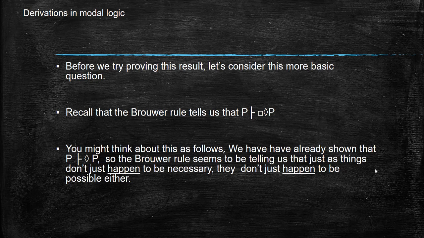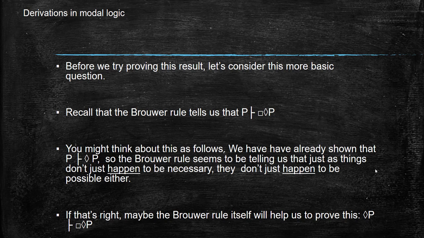We've already shown that P implies possible P, so the Brouwer rule seems to be telling us that just as things don't just happen to be necessary, they don't just happen to be possible either. If that's right, maybe the Brouwer rule itself will help us to prove this. Possible P, therefore necessarily possible P.